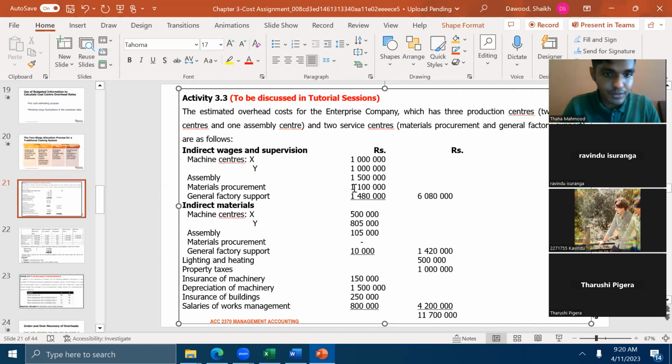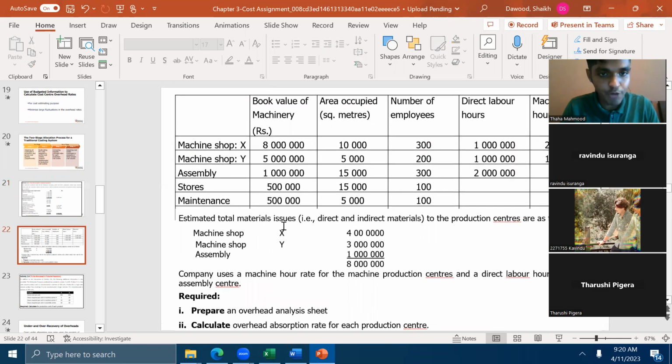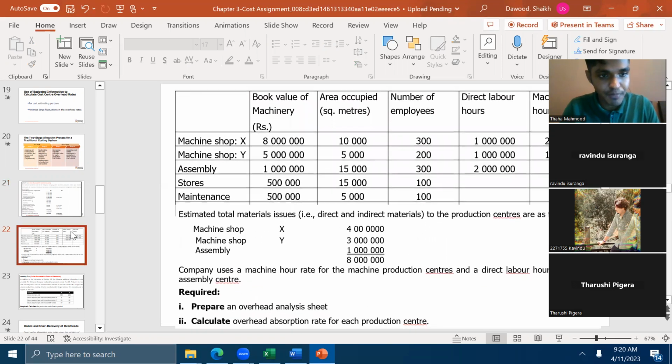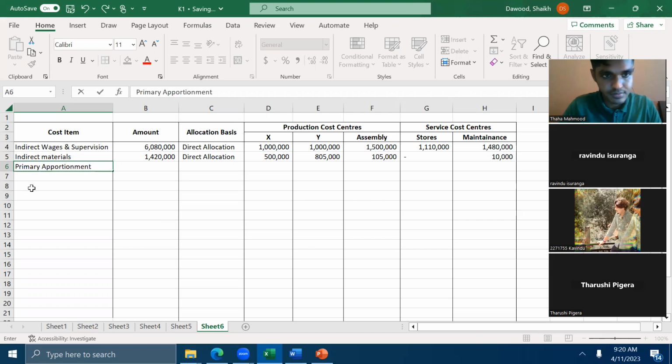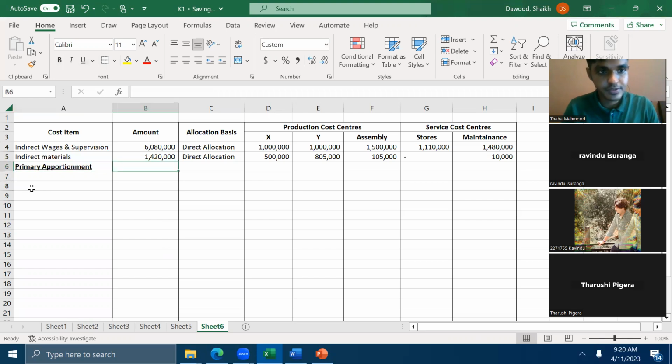Okay, now we are moving on to things which cannot be directly allocated, so we have to primarily apportion them. We call them primary apportionment. Direct allocation is finished.